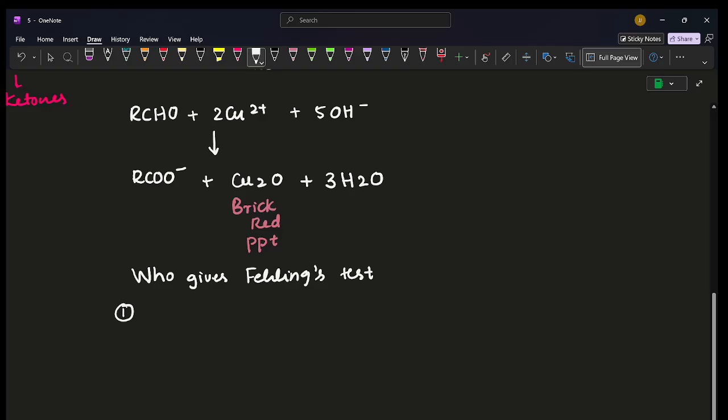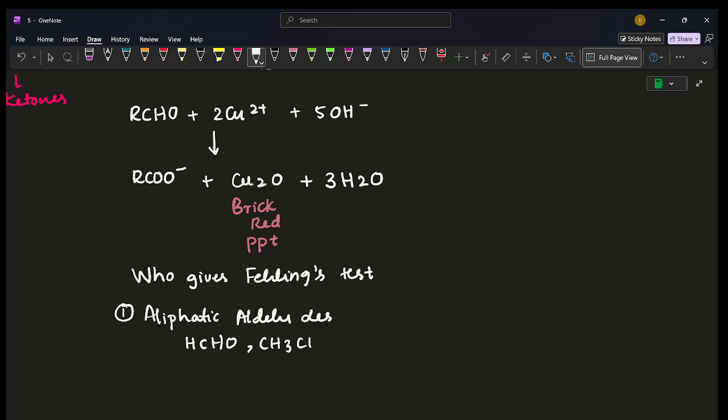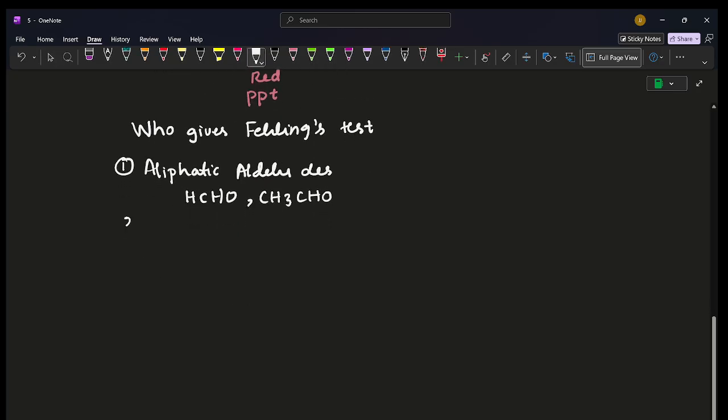Fehling's test detects oxidizable sugars and aldehydes. Okay, so basically aliphatic aldehydes would give the test. So let's say HCHO, let's say CH3CHO, all these would give the test. Next we have formic acid. That was what I wanted to just check out, because even formic acid would give this test.